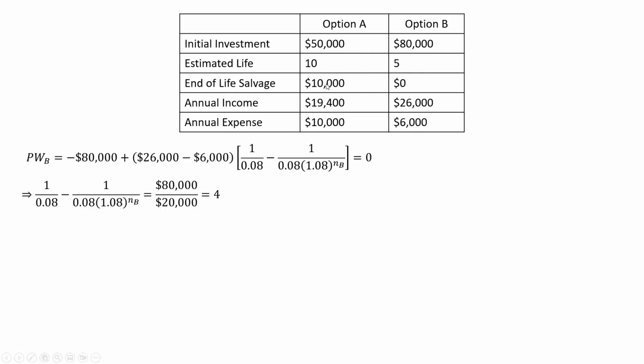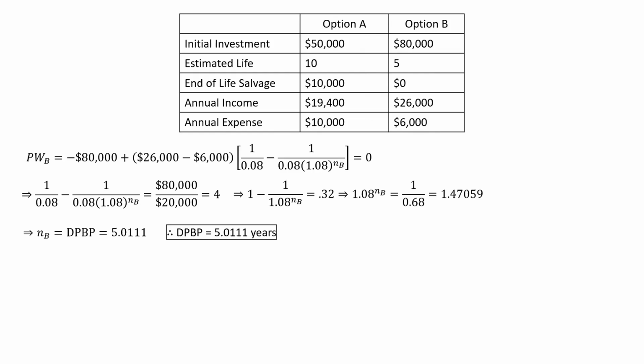The previous one had a little complication with a salvage value of 10,000, but this is zero, so there is no additional term. Okay, and if we do this and do the math, that turns out to be 5.0111. So discount payback period is 5.0111 years. Should we do this or not?